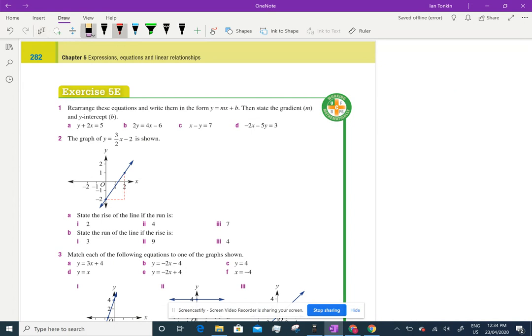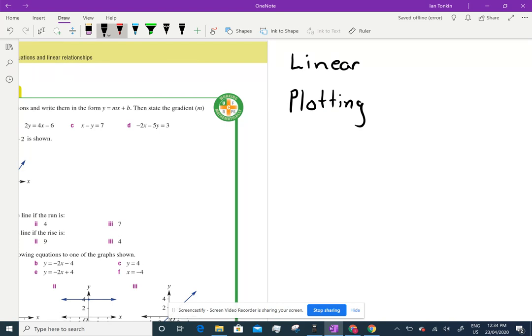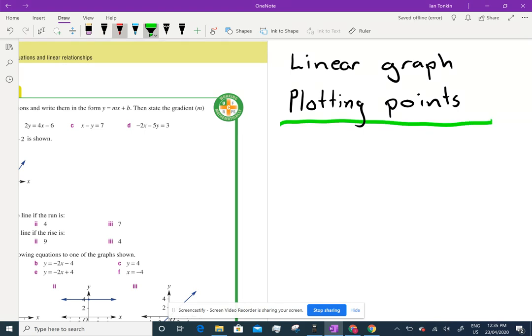So what I want to do is I want to go back to the very beginning and say, well, when you were in year 8 and year 9, you could plot or do a linear graph by plotting points. And remember that this is always a fail-safe method for you if you really run into trouble.